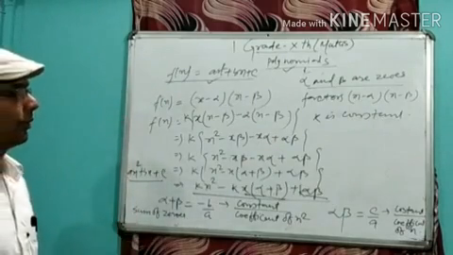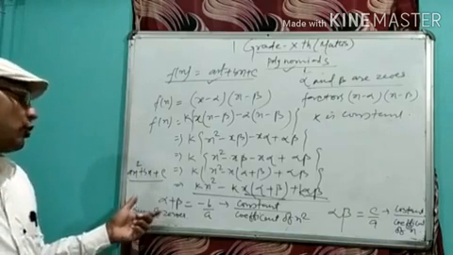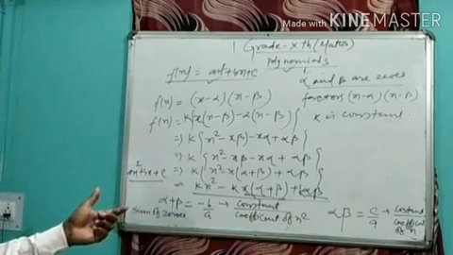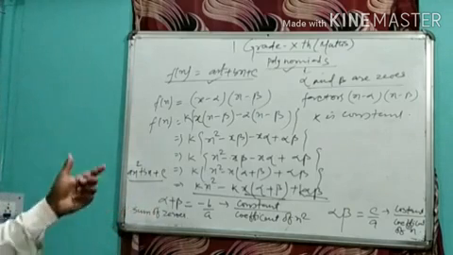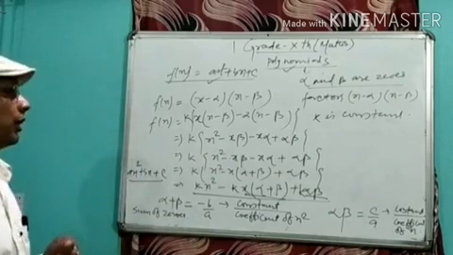In this way, you can establish the relation between the coefficients and zeros of the polynomial.